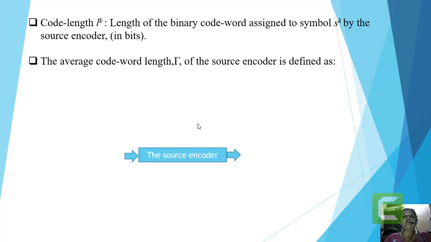The average code word length of the source encoder will be defined as rho is equal to summation for k equal to 0 to k minus 1 of pk lk, where pk stands for the probability of the kth symbol and lk stands for the code length for the kth symbol. And as that source is capable of generating 0 to k minus 1 number of symbols, its summation limits are from 0 to k minus 1.